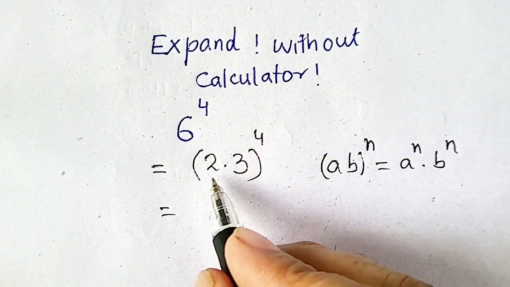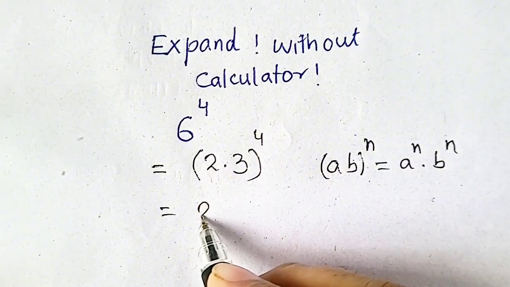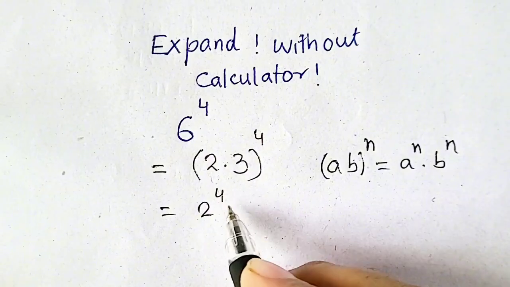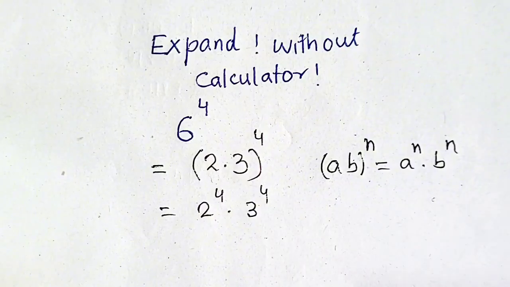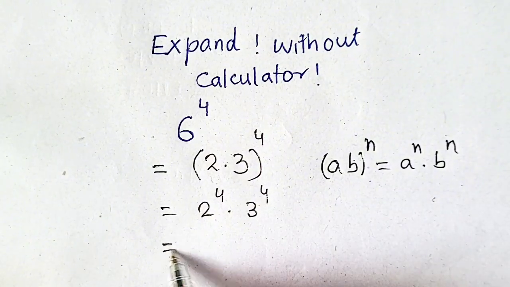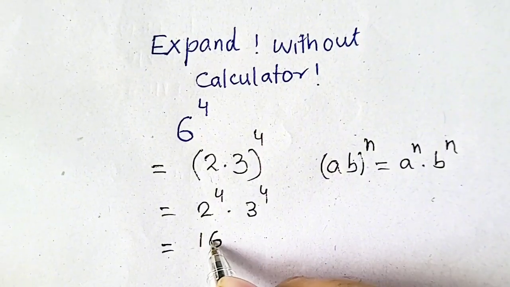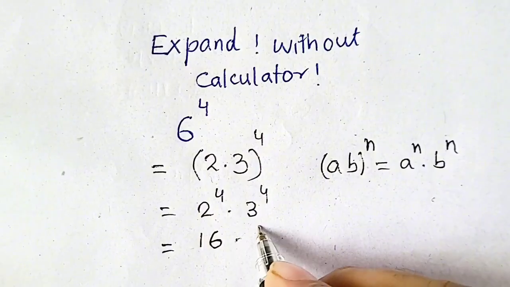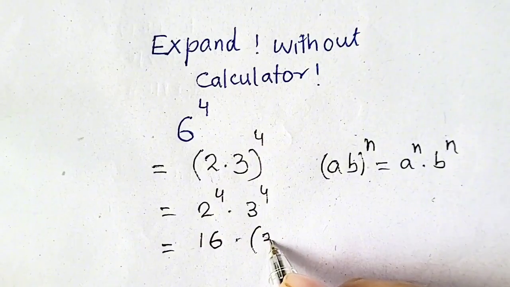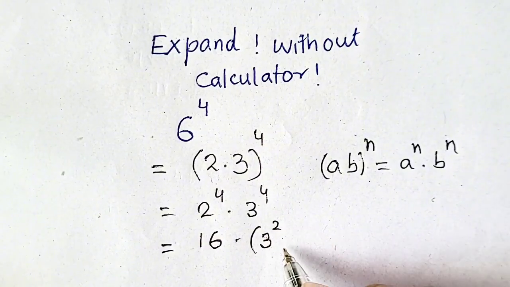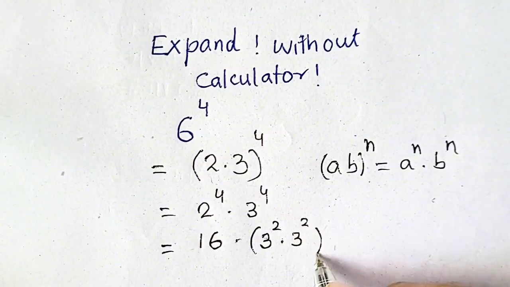Now we separate and apply this rule, so we will get 2 power 4 times 3 power 4. Okay? Now 2 power 4 is simple. It is 16, and 3 power 4, we can write it 3 square times 3 square.